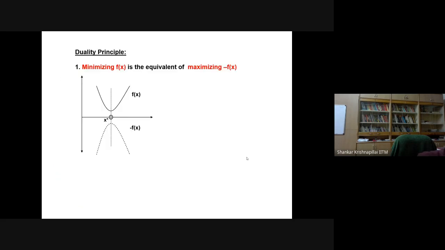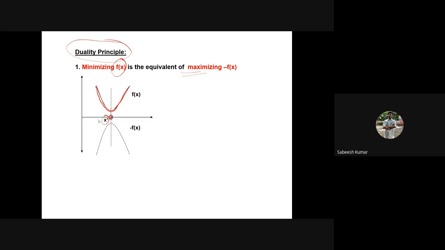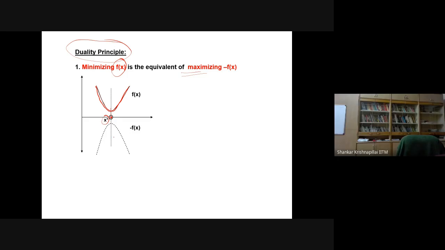Okay, then another highly important thing is the duality principle. What is the duality principle? Minimizing f of x is the same as maximizing minus f of x. So this is f of x and the minimum is x star. Now I take minus f of x, and the maximum of minus f of x is also giving the same solution x star.